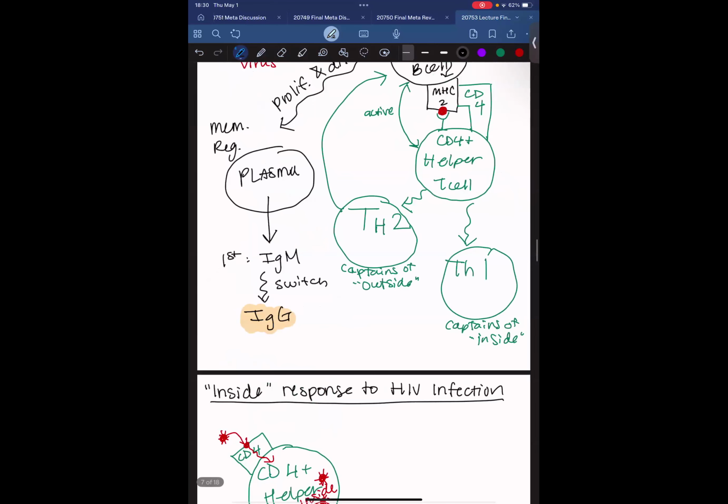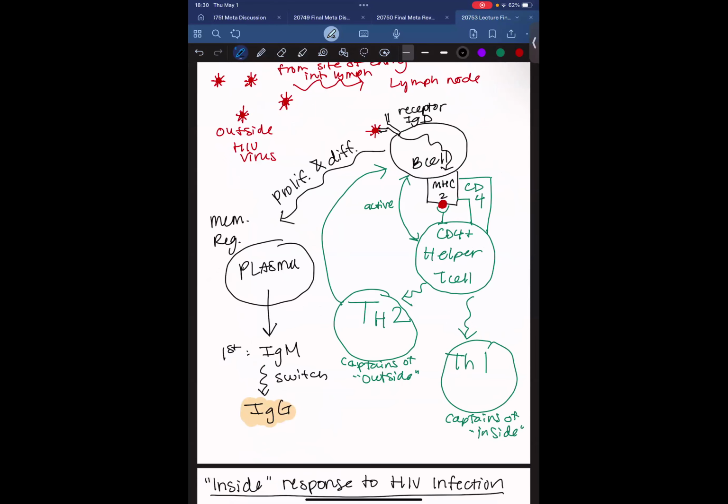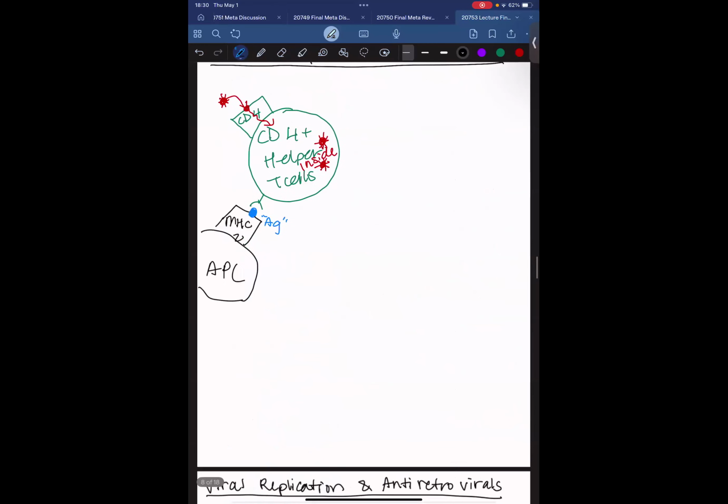Okay, so what did these guys have to do up here if we were looking at these CD4 positive T cells? When it got activated by our antigen presenting cell, which was a B cell in this case, when we turned into our Th2 and Th1s, we also had to go through that proliferation and differentiation step. What do we do whenever we're proliferating?